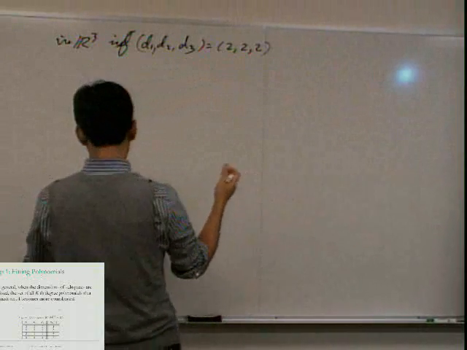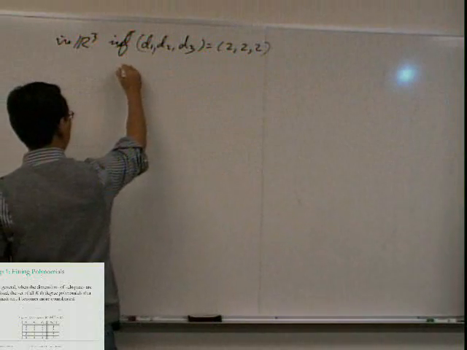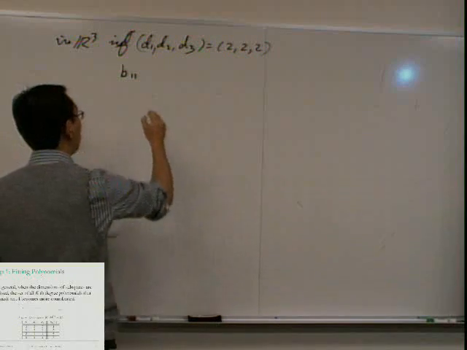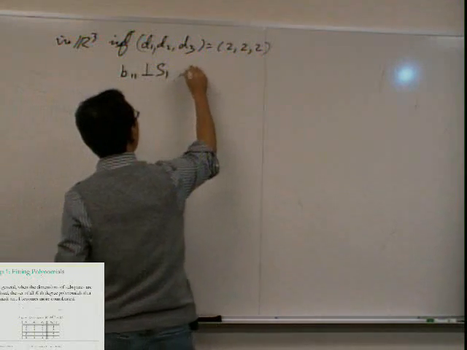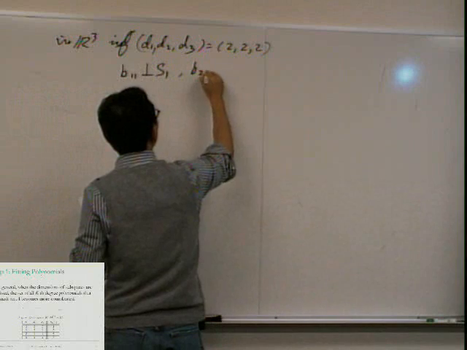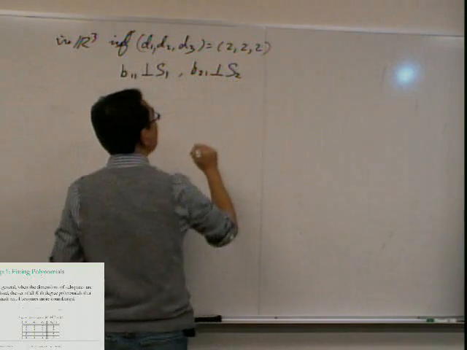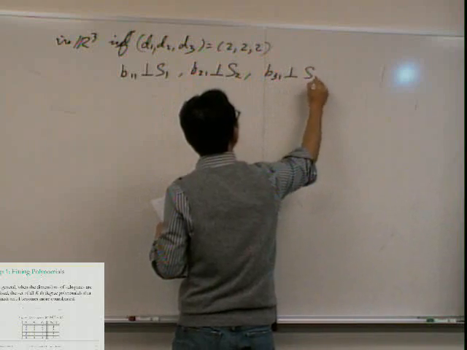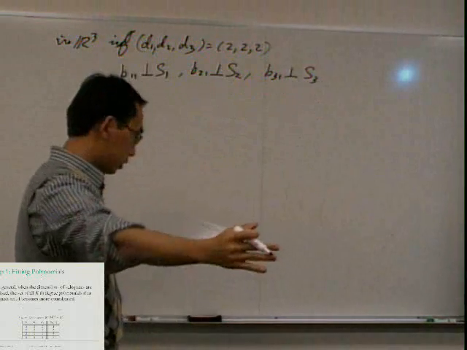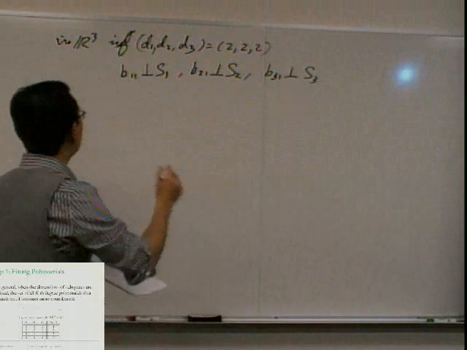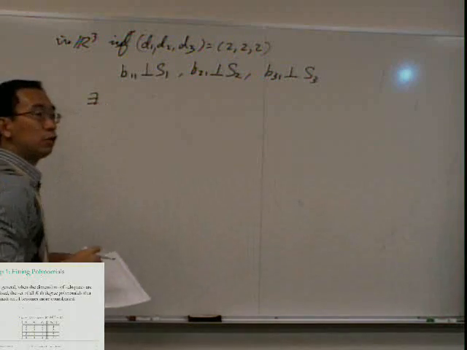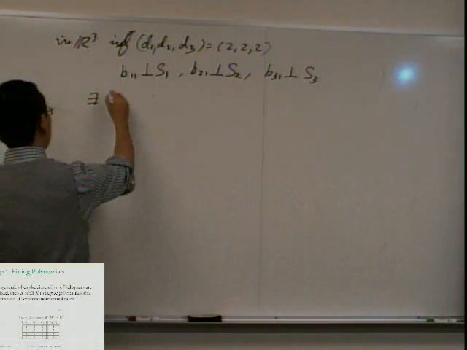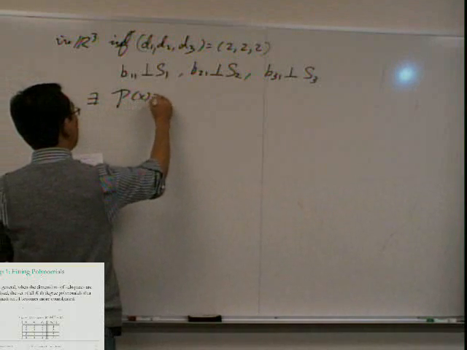So in that case, we know that we are going to have one single normal vector B11 perpendicular to S1, another B21 perpendicular to S2, and B31 perpendicular to S3. In this case, the natural conclusion will be that there exists a unique vanishing polynomial up to scale, P of x equal to 0.